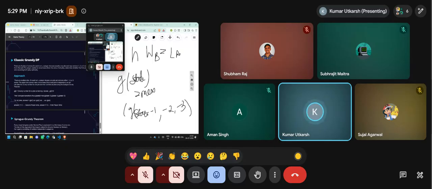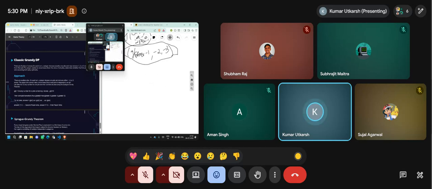Okay, so this is the current state we are talking about using Grundy, and this is the next state we are talking about by deducting minus 1, minus 2, or minus 3. Now, what we saw earlier is, if Grundy of any value is 0, we are in a losing state, right?